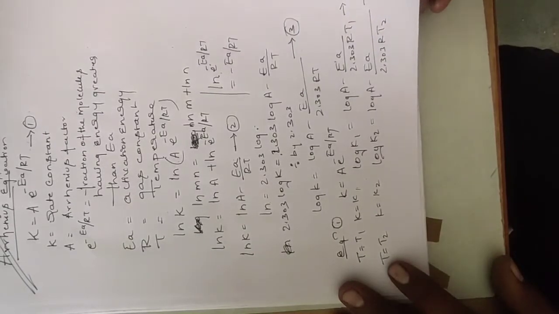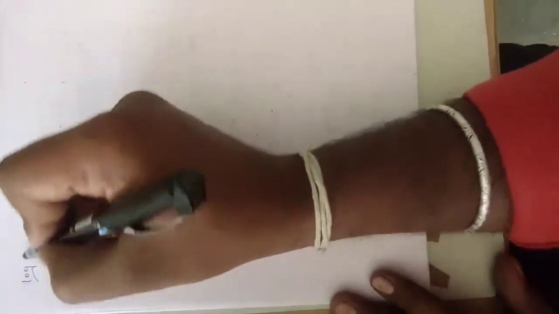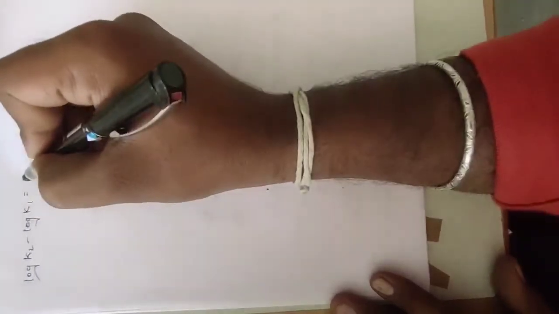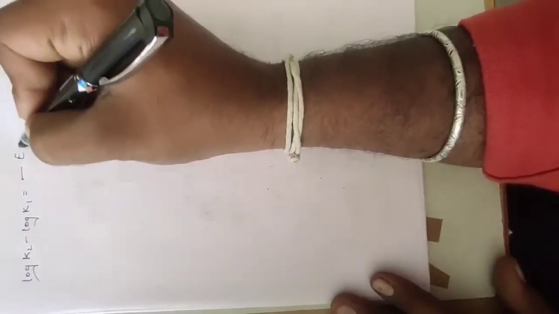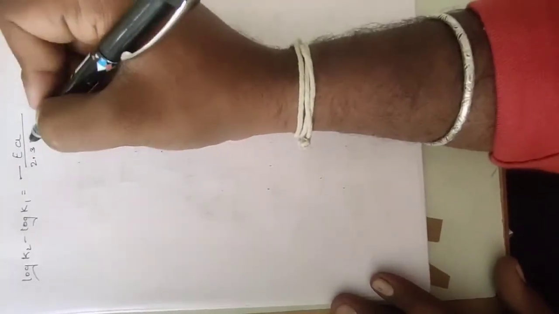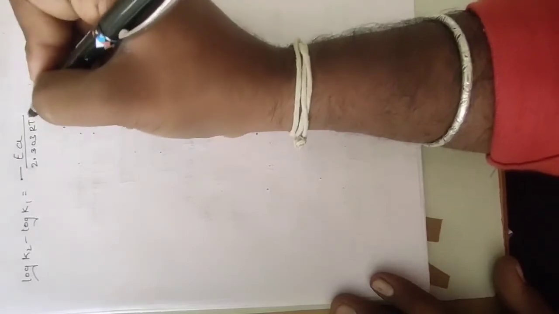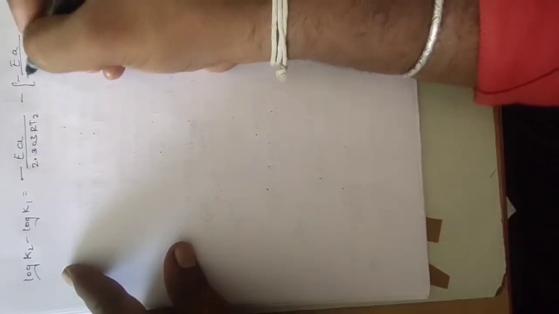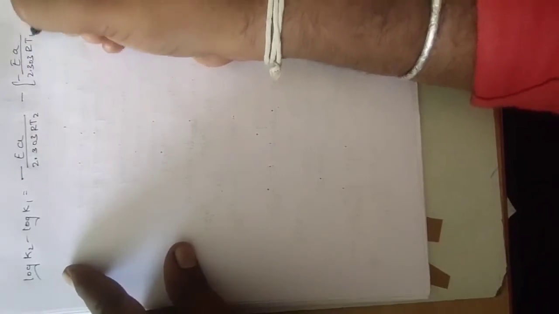Okay, take equation 5 minus equation 4. Then we will write log k2 minus log k1 equals minus Ea by 2.303 RT2 minus of minus Ea by 2.303 RT1, because log A is cancelled.